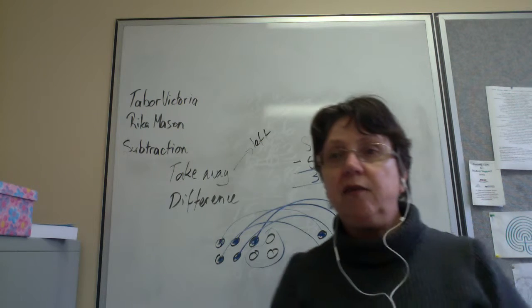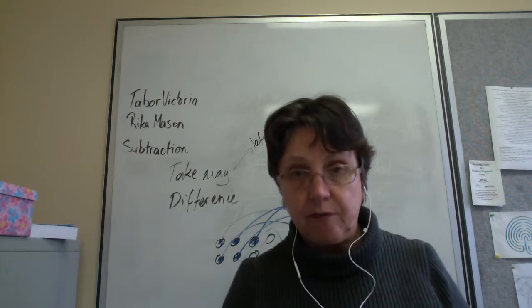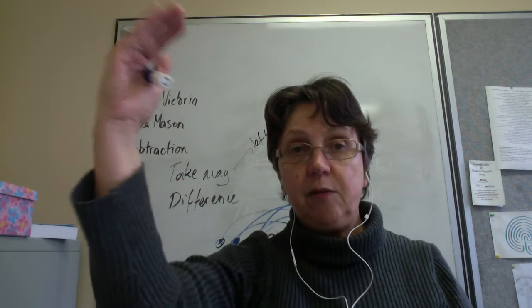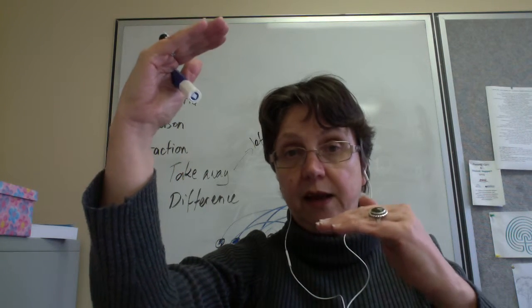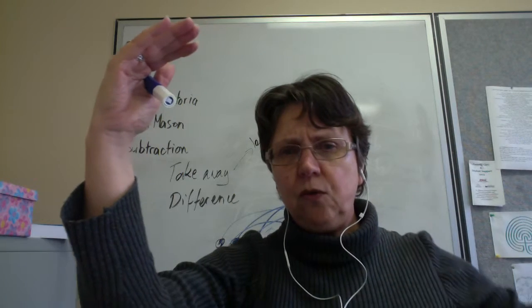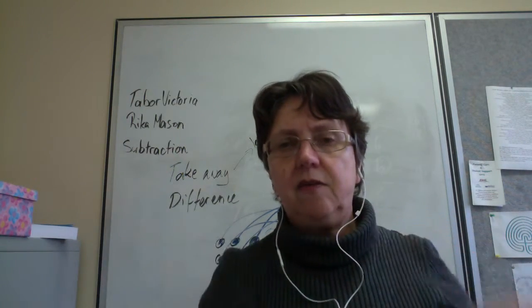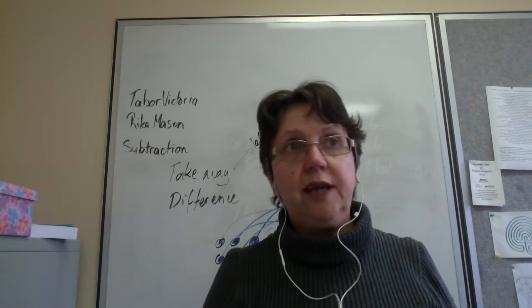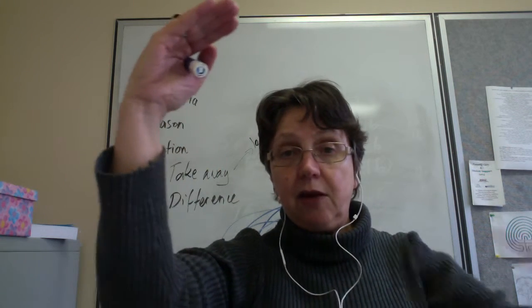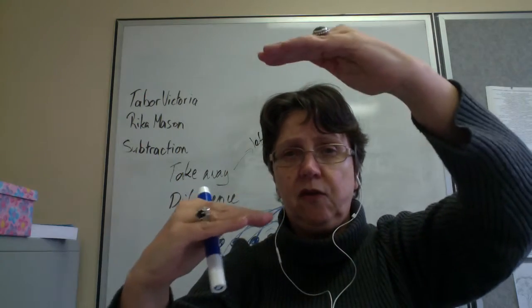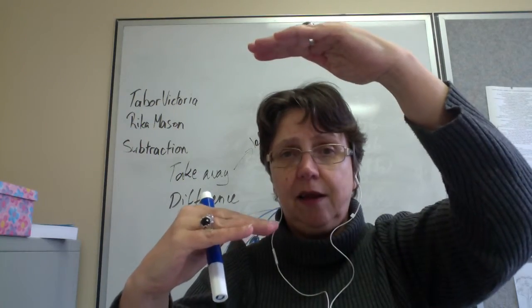You use that, say, when you're comparing temperatures. The difference between the highest part of the day, the hottest part, and the coolest part. There's a difference there. You don't take the coolest part away, you just see where the difference is. The difference is between my bank account and my son's bank account. So what's the difference between my son and me?